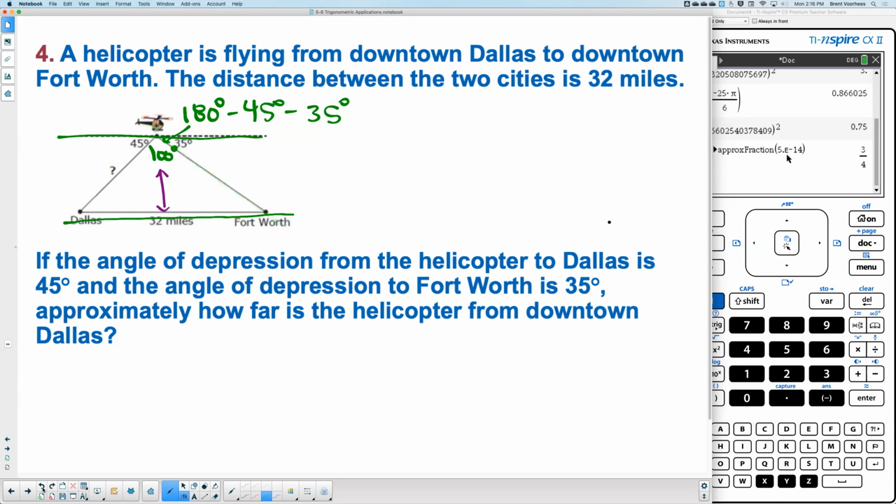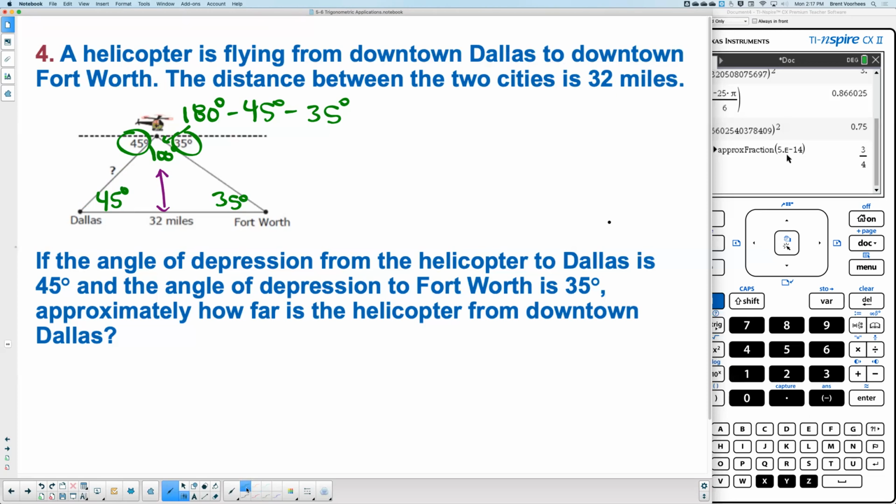Anytime you have two parallels and a transversal, you can use alternate interior angles. If I have 35 sitting right here, on the alternate side of the transversal I also would have 35. And if I have 45 on one side of this second transversal, I could put 45 on the alternating side of that transversal as well.